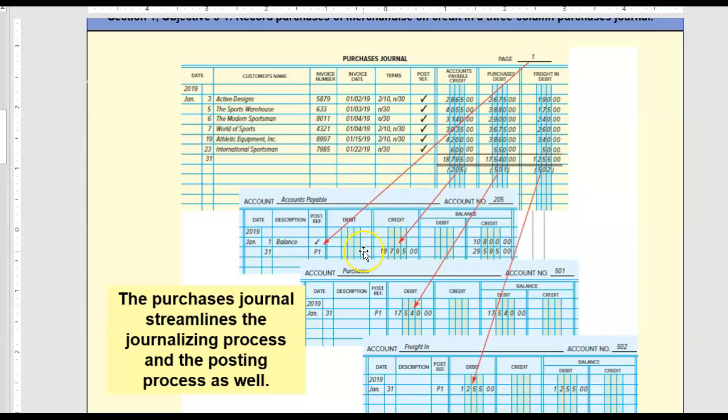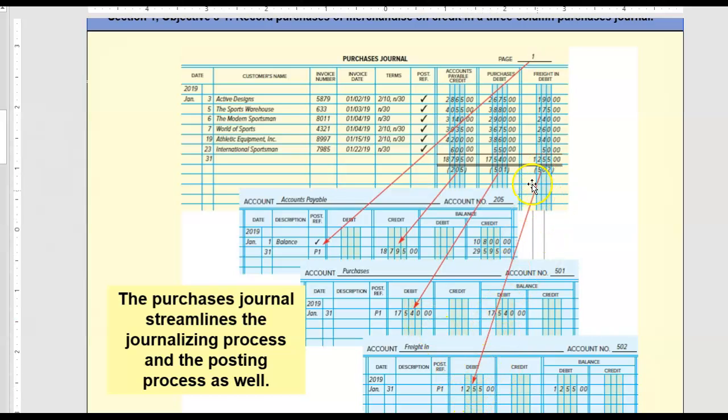Then, of course, it's got to be posted. But notice we're just going to have the purchases account here. Accounts payable, just put the sum. We didn't enter all those individually yet. That goes in the subsidiary journal. We just took the regular general ledger and took the sum amount and put it there just once. And then the sum amount of the purchases, and then the sum amount of the freight.